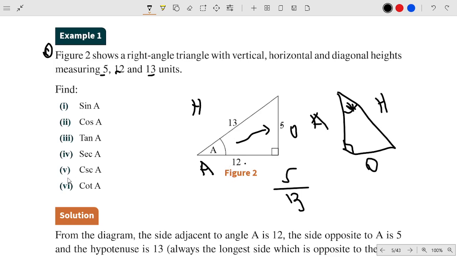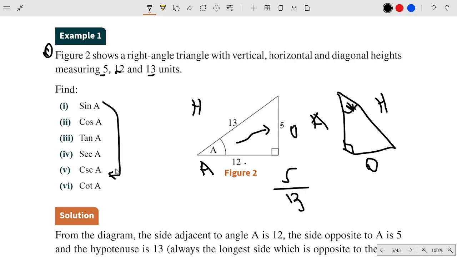Now the cosecant, which happens to be the reciprocal of the sine. But sine is equal to opposite on the hypotenuse.